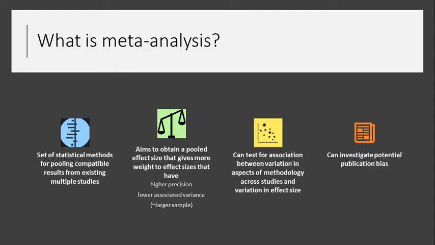In meta-analysis, you can also test for association between variation in aspects of methodology across studies and variation in the effect sizes from those studies. So you can try to look at which methodological differences might be affecting whether effect sizes are larger or smaller. And you can also investigate potential for publication bias.